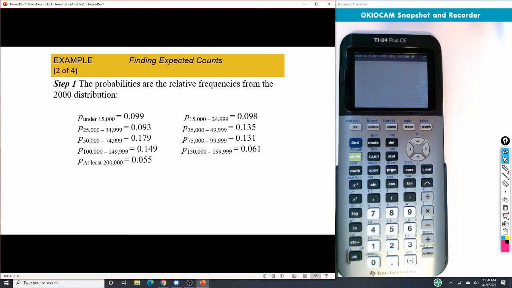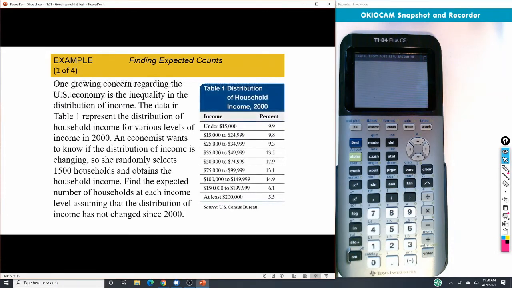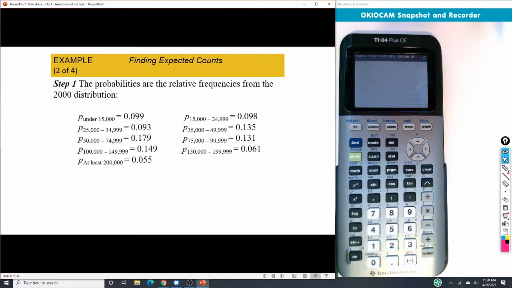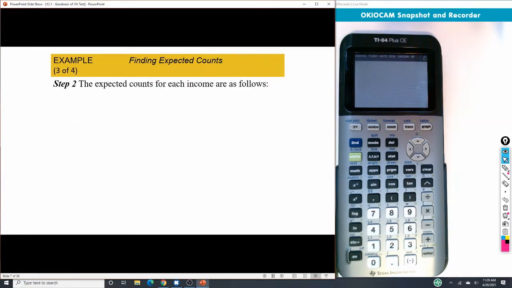If we want to find the probability of each one, we just move the decimal over. The very first one there is 9.9%, so we move that over and we get 0.099. That's what all of these are. To find the actual expected counts, there were 1,500 people in our sample, and we multiply by each one of those probabilities.